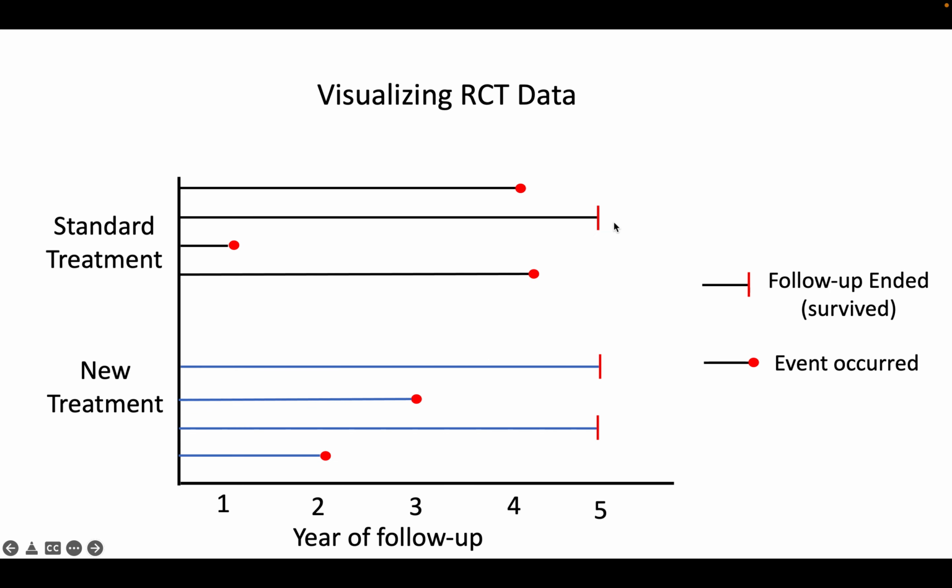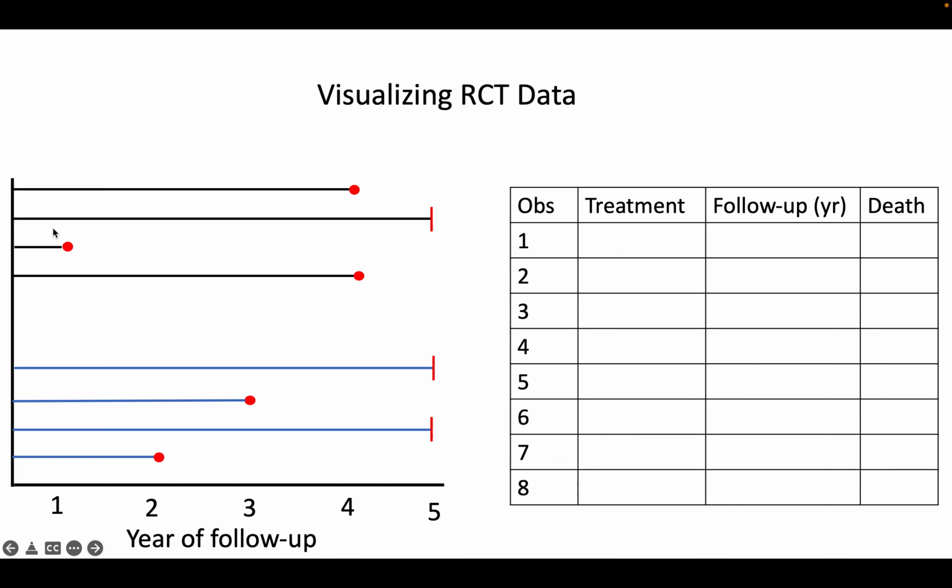And I'm going to show you how this data can basically be tabulated. So for each observation, that's observation 1, you have their treatment status, their number of years of follow-up, and whether they died, basically. So this first individual was in the standard treatment, they were followed for 4 years, and they died.